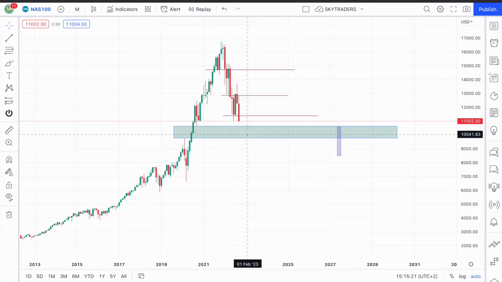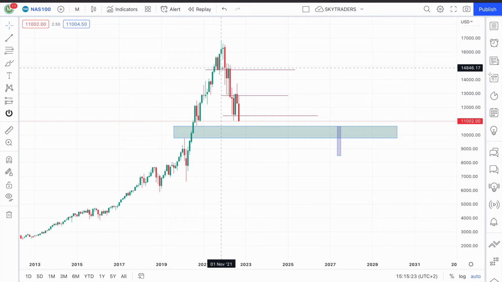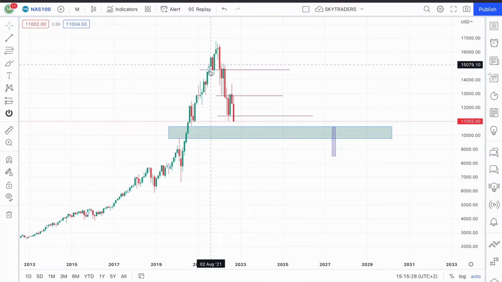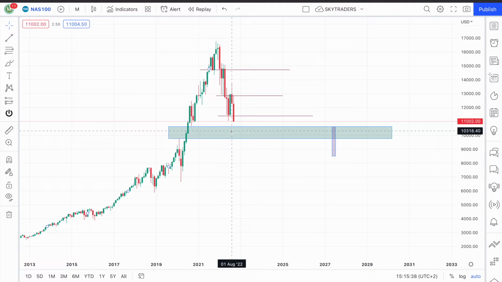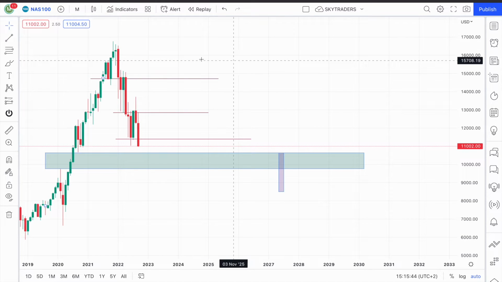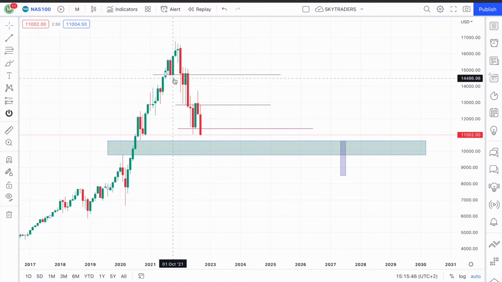From a technical point of view, we are breaking market structures with huge pressure to the downside, trying to trade back to the liquidity levels, then continuing our push to the downside. We can clearly see this on the monthly time frame.